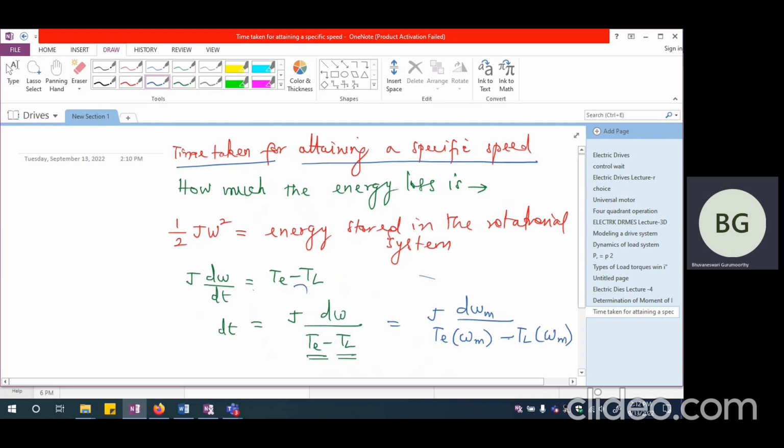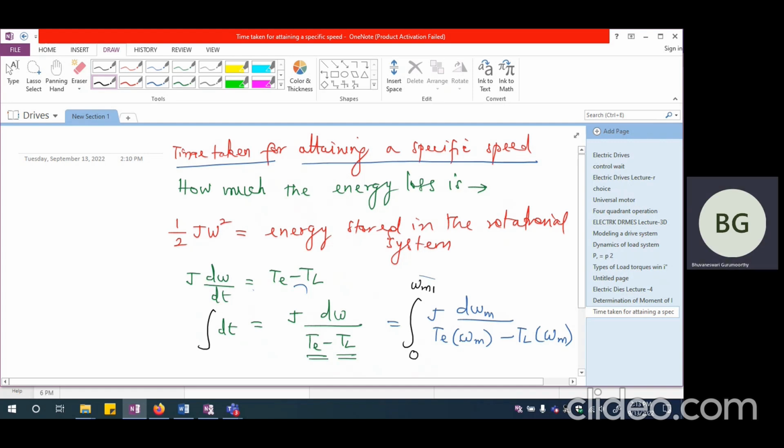If these are simple functions of omega which are integrable, then it is much simpler, in which case we should be able to calculate the time required as the integral of this itself. So if I want to accelerate the drive from 0 to a certain omega m, I should be able to calculate how much is the time.